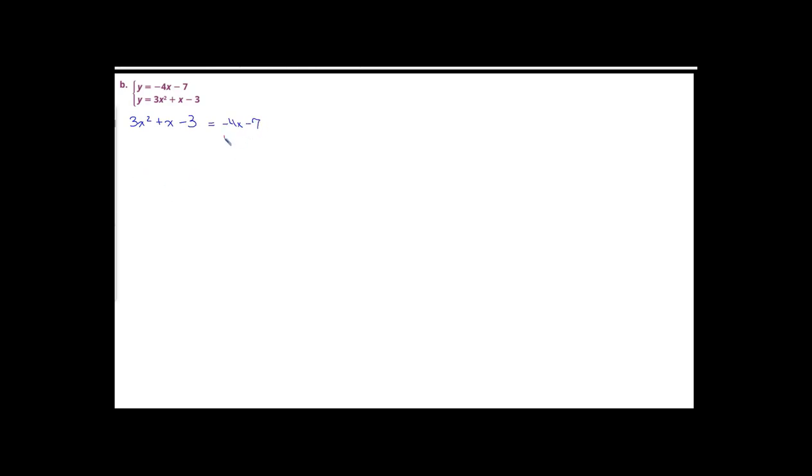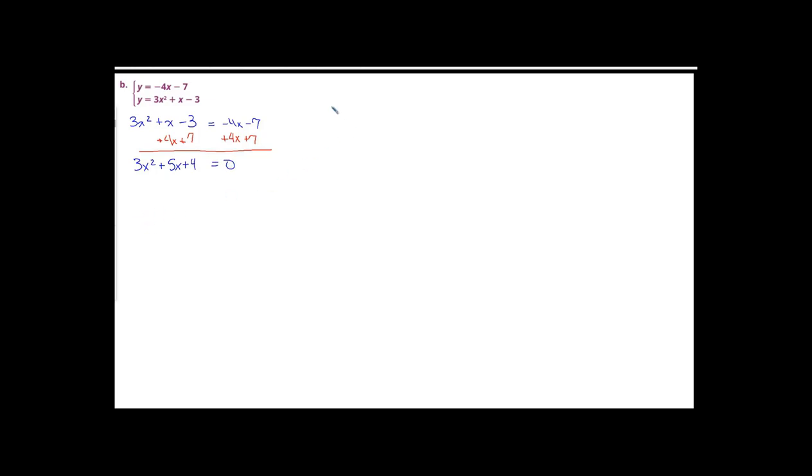I again want to get everything over to my x squared side. So add the 4x and add the 7. And so we come up with 3x squared plus 5x plus 4 is equal to 0.